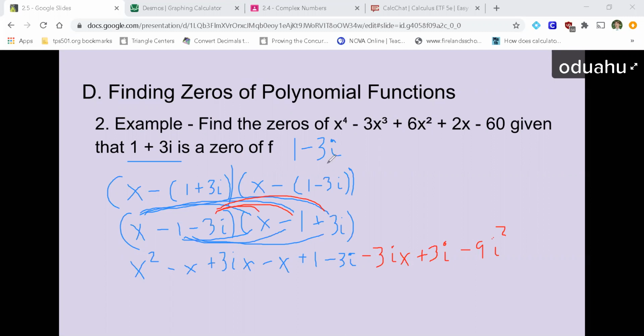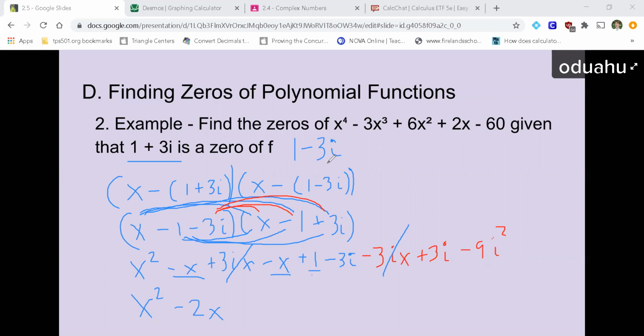All right, if I then combine like terms, x squared minus x minus 2x. The plus 3ix cancels out with the minus 3ix.